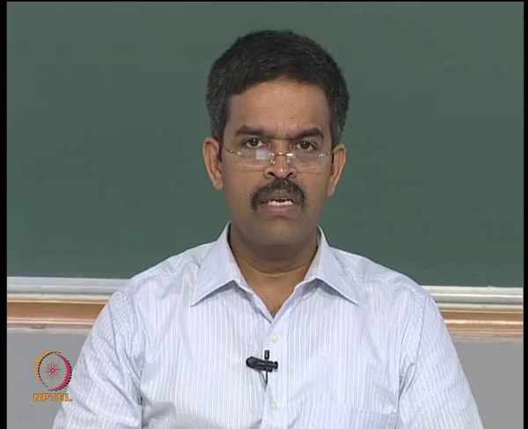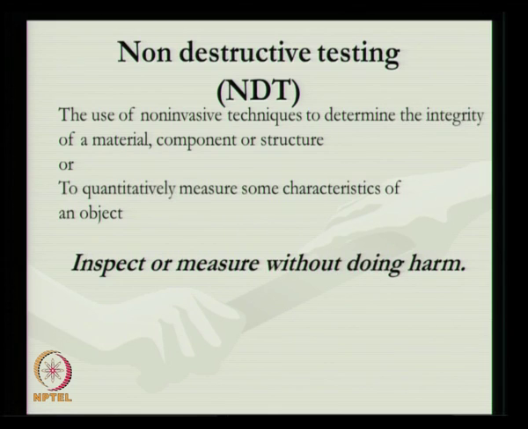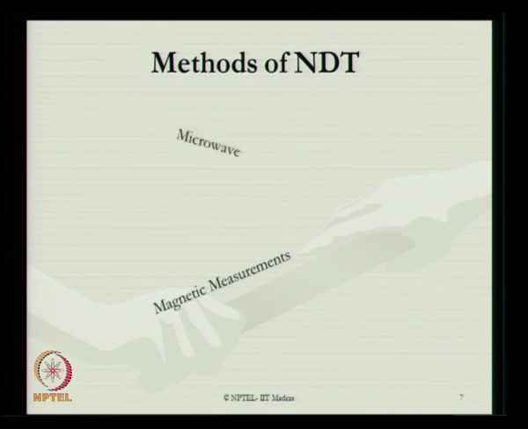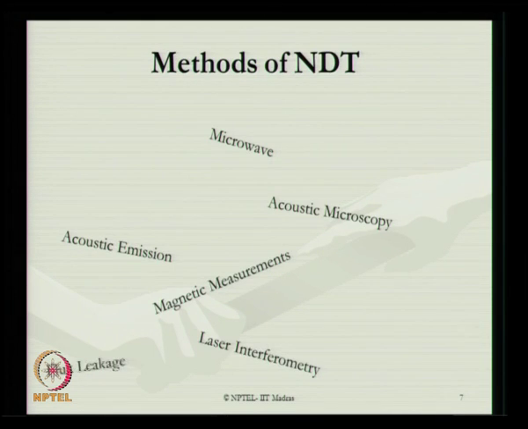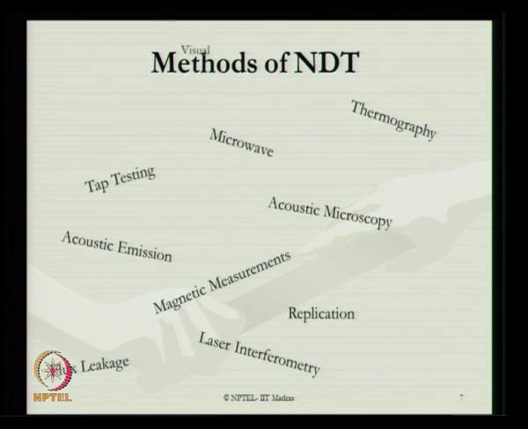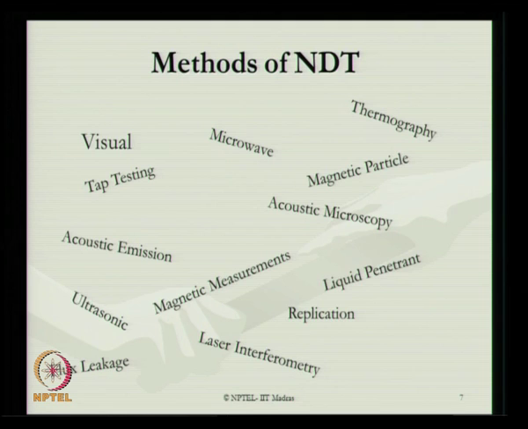The punch word as far as NDT is concerned is: inspect or measure without causing any harm to the structure. There are different methods of NDT in modern practice. A variety of methods are discussed in the slide here.